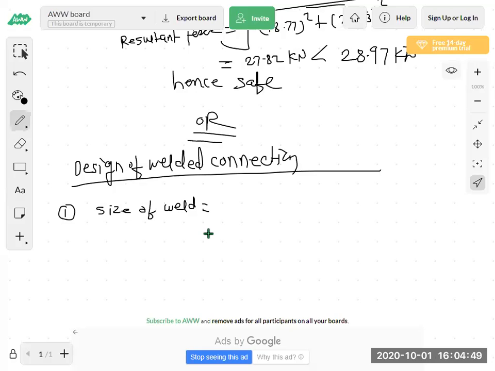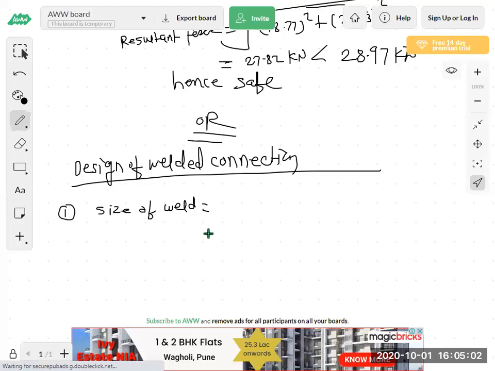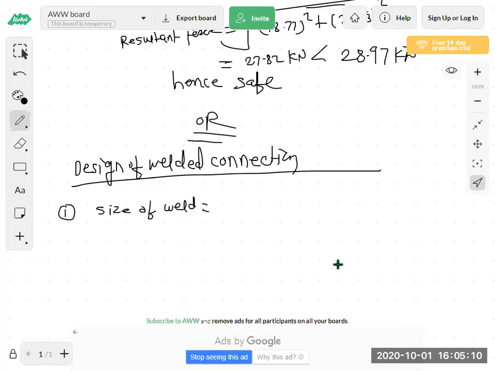I think 78. Okay. IS code page number 78. So thickness of our batten is 8 mm.